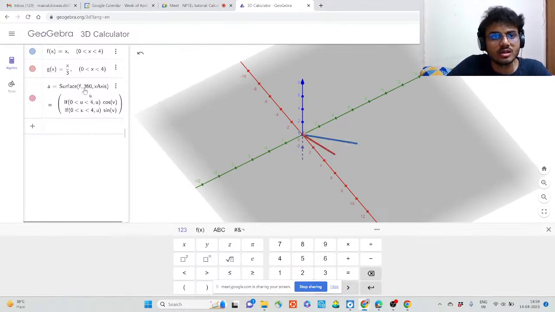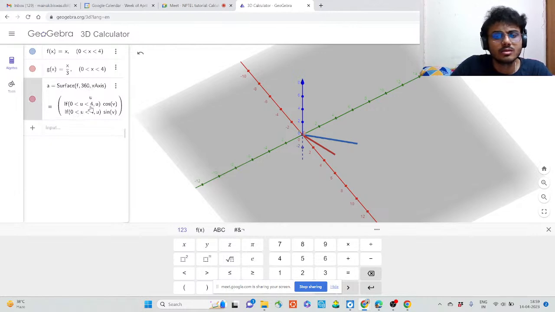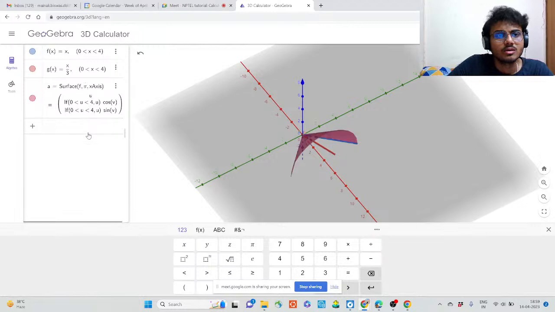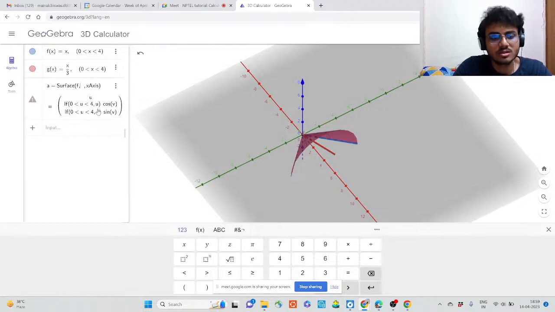It was a rendering issue. So there is some problem with the software. I have always seen it.